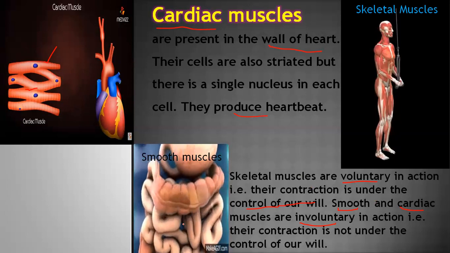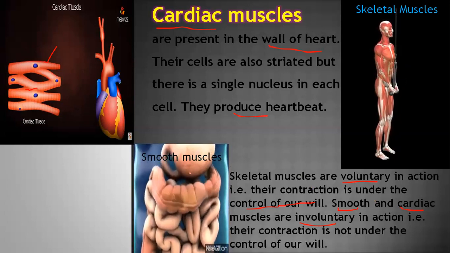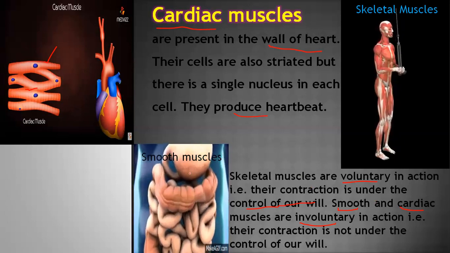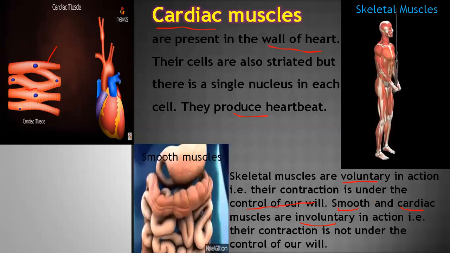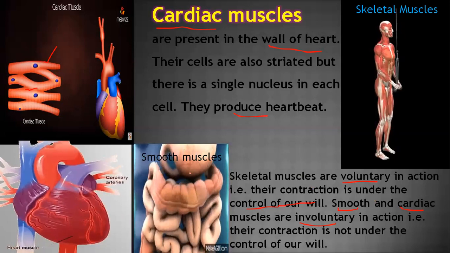We cannot choose to keep the food in the stomach and stop it from going forward. It is not in our own will. That is done not under our control, so that's why they are involuntary muscles, as well as heart muscles.